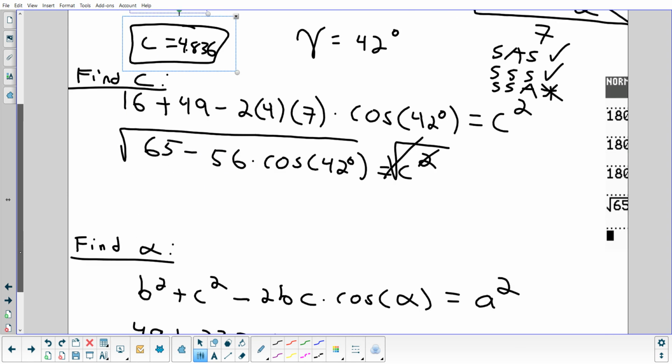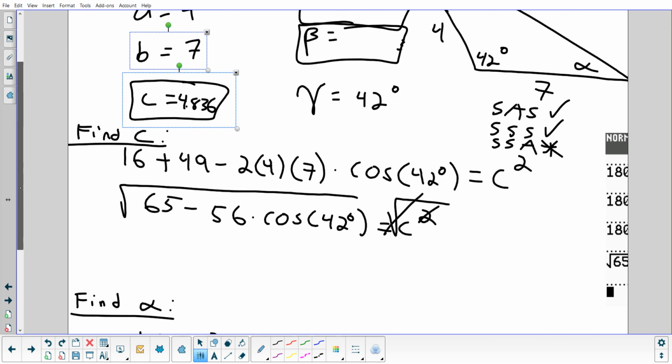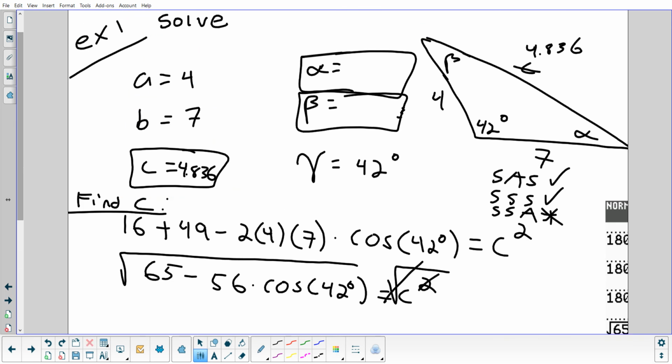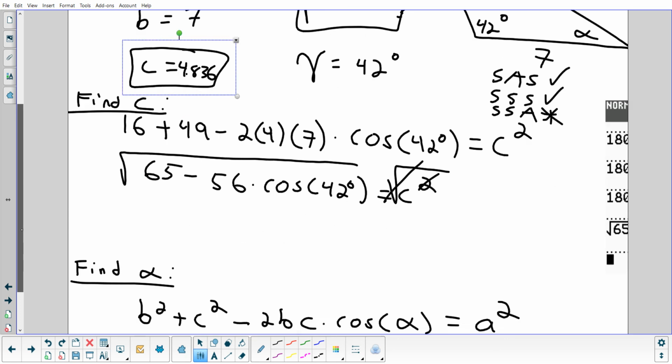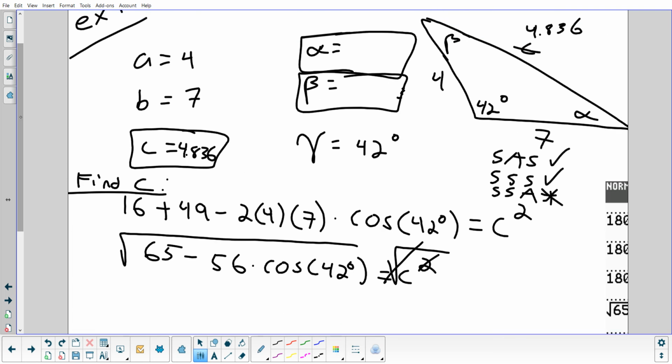To me, I'm thinking that should be bigger than 23. Right? 2 times B is 14. Yeah. 14 times almost 5. Well, it's 2 times B times C. That's the part of the formula we're on right now. So this is B squared, this is C squared. So 14 times 4.836.